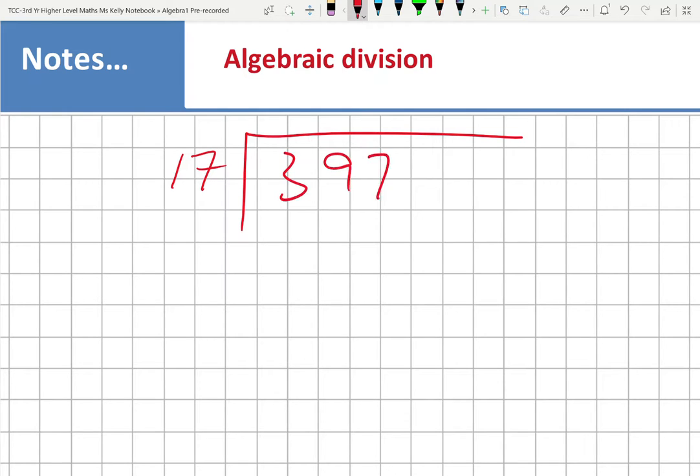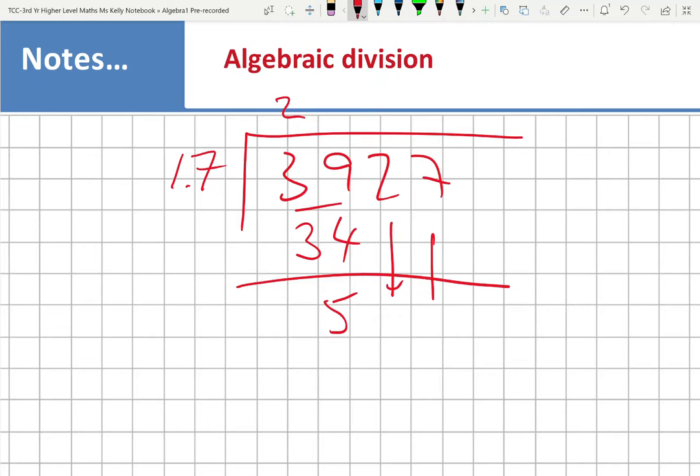You want to know how many times 17 goes into 39, and you get twice, and that leads to 34, which means you're taking away 3400 here, and you're getting 5, bringing down the 2, bringing down the 7. And we're going to be doing stuff just like this.